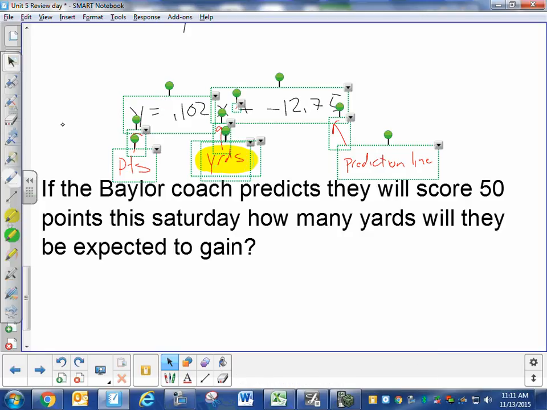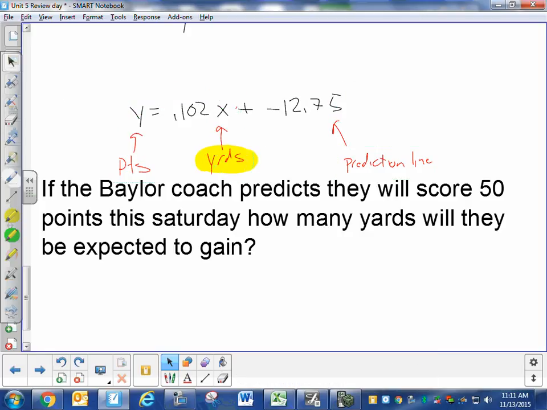There we go. In this situation, I was given the points that the Baylor coach thinks he's going to score. But using this prediction model, I can figure out how many yards we can expect Baylor to gain based off of those points.